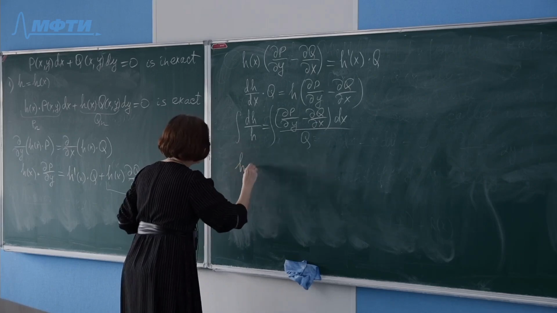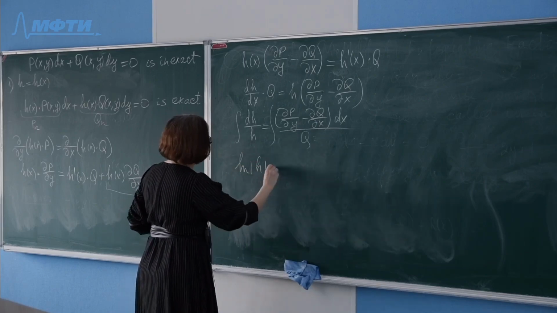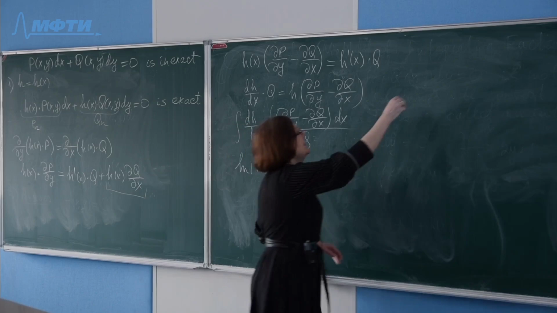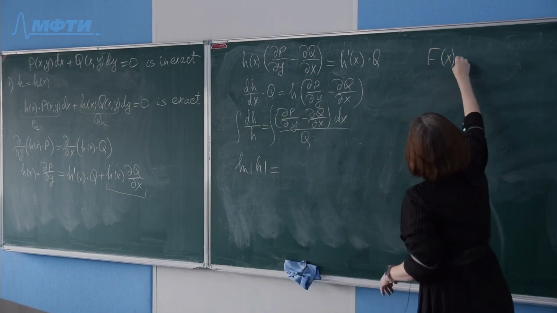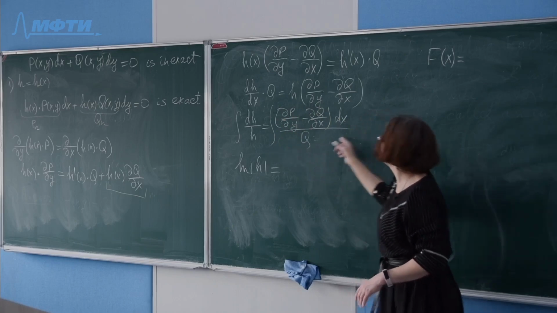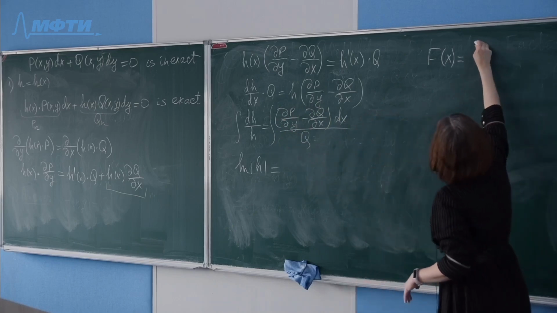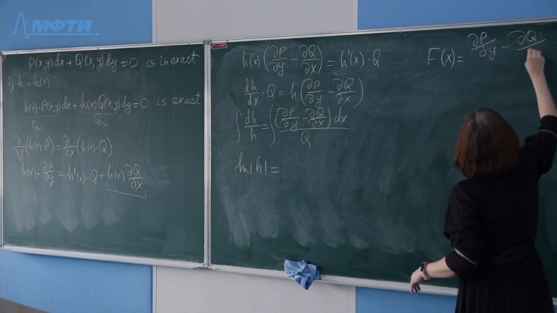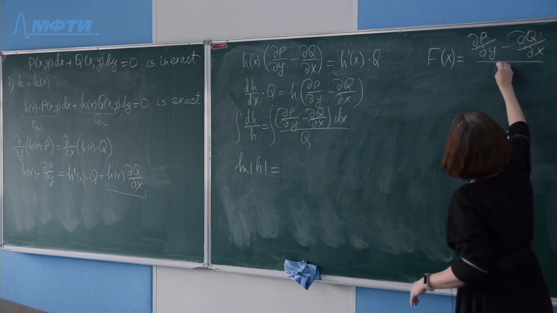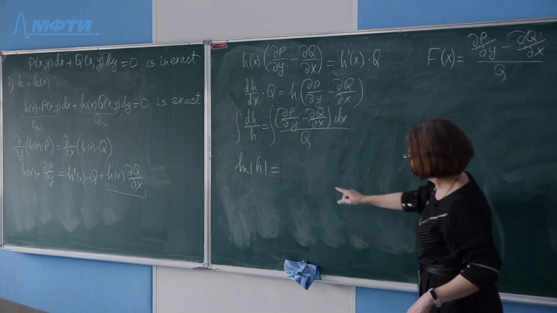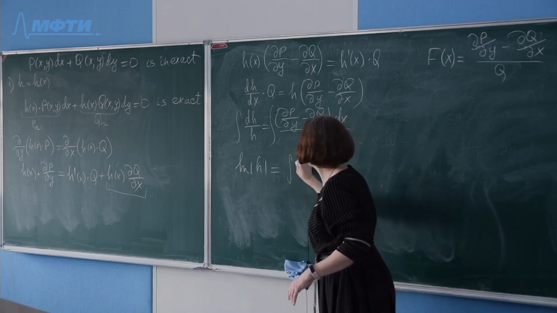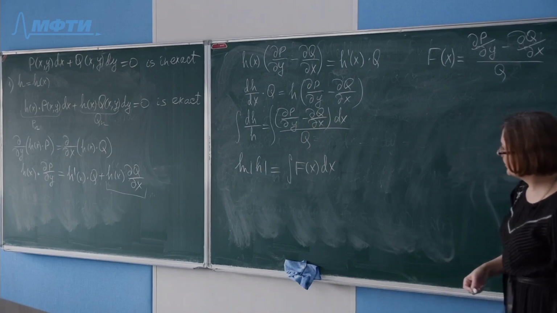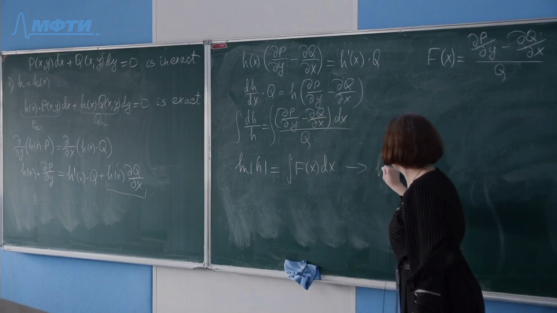So the logarithm of the absolute value of h equals the integral. Maybe it's more convenient to denote this complicated function by f. Let f be equal to dp over dy minus dq over dx over q. So this is equal to the integral of f of x dx, from which we can find h of x.